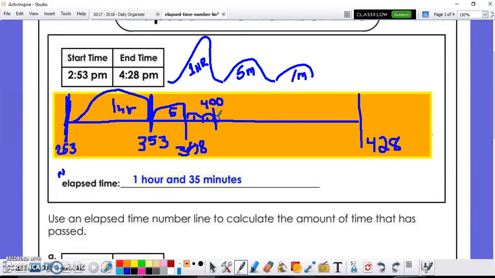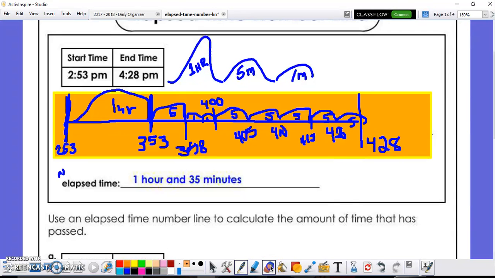In other words, let's go back to our hills. 4 o'clock at a hill gets me to 4:05. 4:05 at a hill gets me to 4:10. 4:10 at a hill gets me to 4:15. 4:15 at a hill gets me to 4:20. 4:20 at a hill doesn't get me to 4:28.